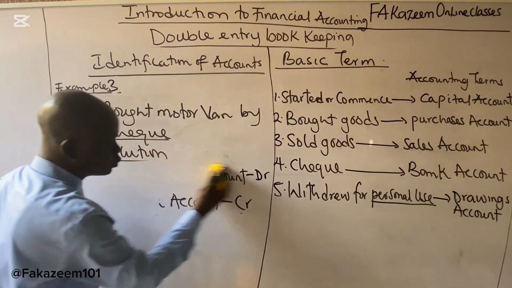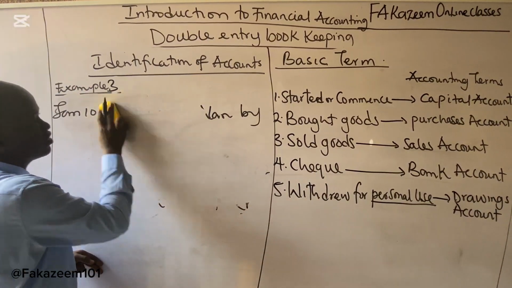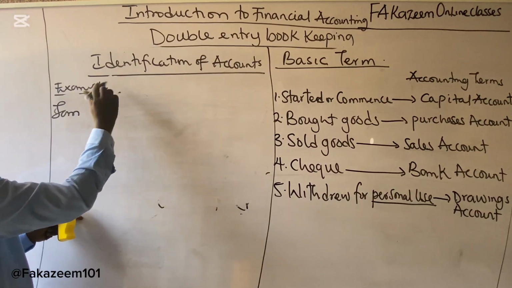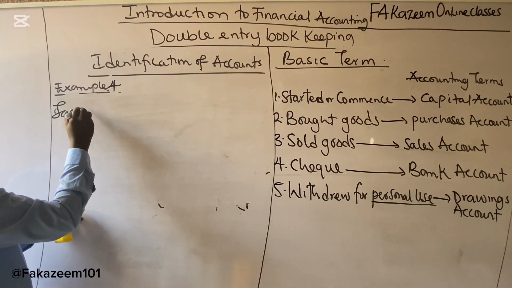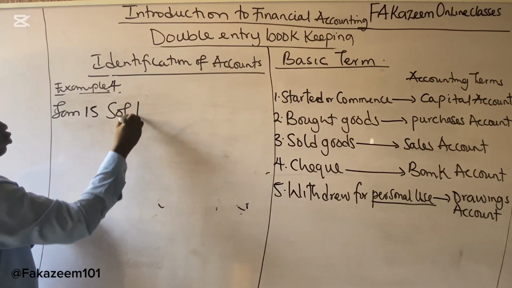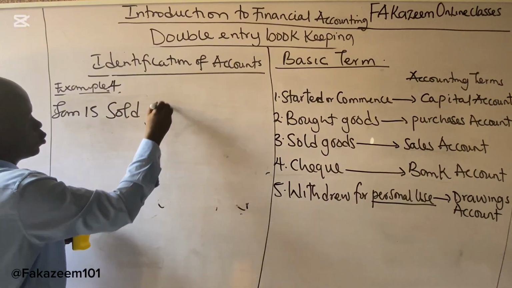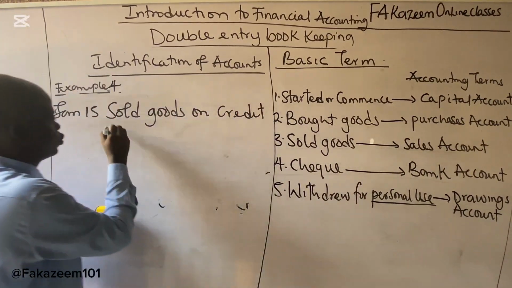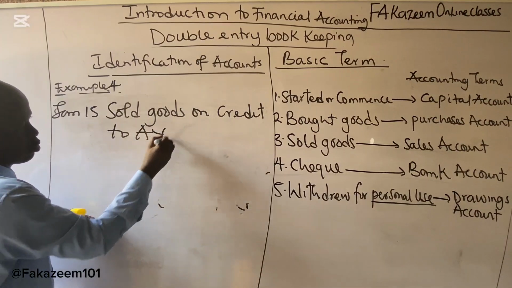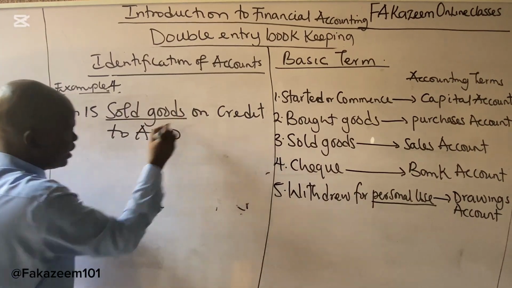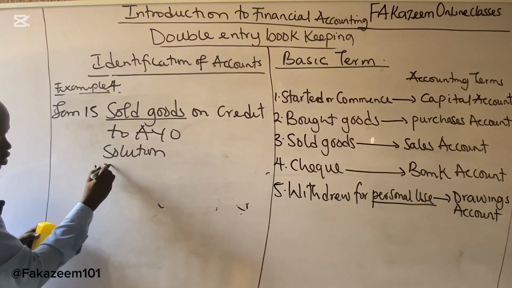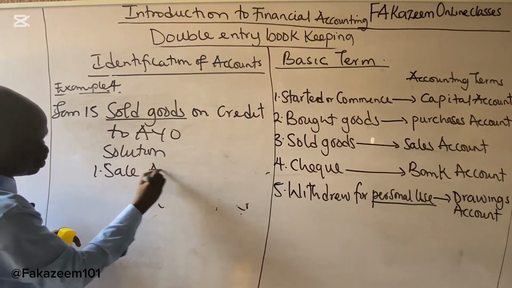And the last example is example 4, January 15, sold goods on credit to Ayo. Sold goods here is one account, and that is sales account.